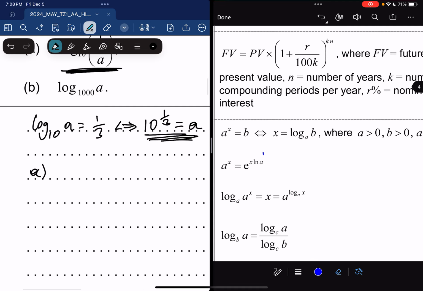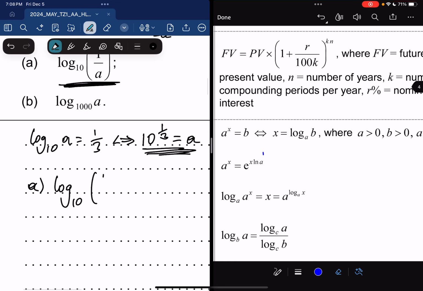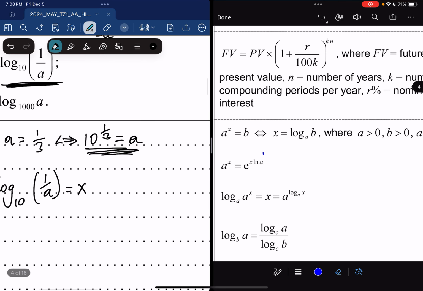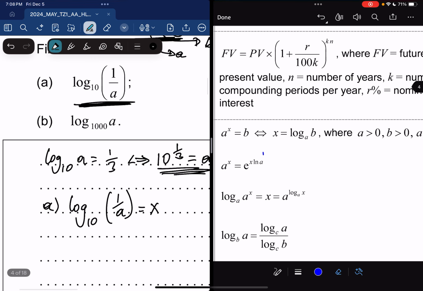So I'm first going to write it as log base 10 of 1 over a is equal to a certain value x that we're actually trying to find. The reason I'm writing x here is because I actually know what a is, and I want to find the exact value of this. I want to find what is missing from this equation, which is x.